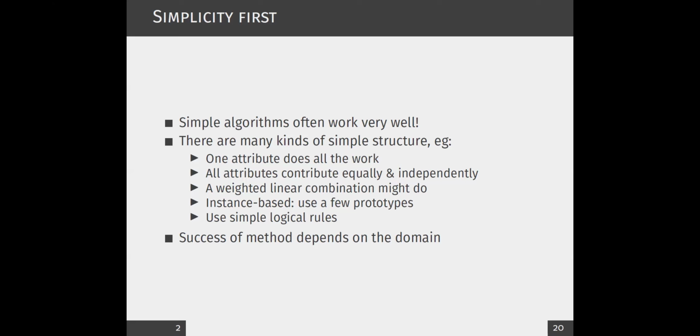The last one uses simple logical rules. Although we have many, which one works well depends on the domain we are working on. Therefore, you should have a good understanding of different types of machine learning algorithms, and also of where each particular algorithm works well. With that only, you can move forward.